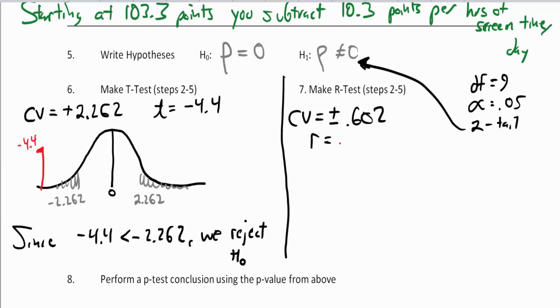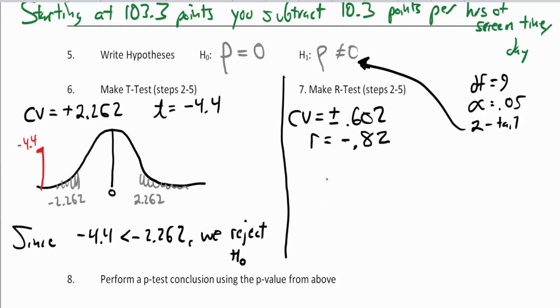The R value that we found from the calculator was, whoa, negative 0.82. All right, so on the R number line here that goes from -1 to 1, there wouldn't be arrows because this doesn't go forever.